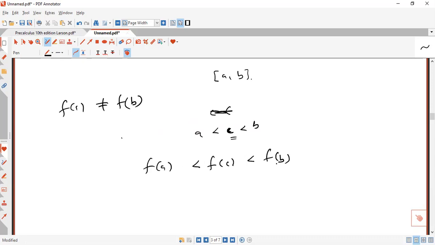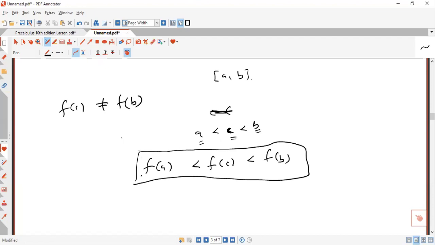This is obvious, because the function is continuous, and for a continuous function you will always find at least one point in between A and B, so that the function gives you f of C, which is always in between f of A and f of B. Graphically, let's suppose this is A and this is B, and the function is continuous from this vertical line to this vertical line.